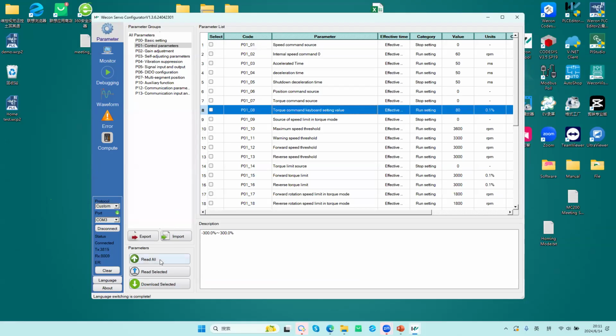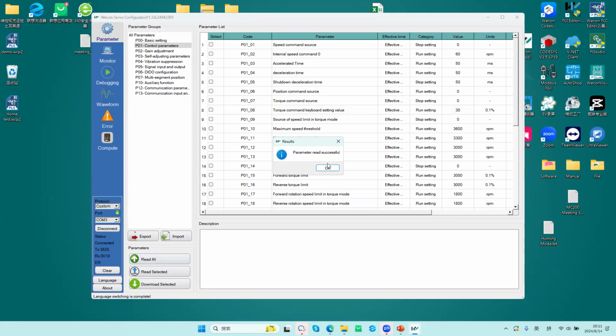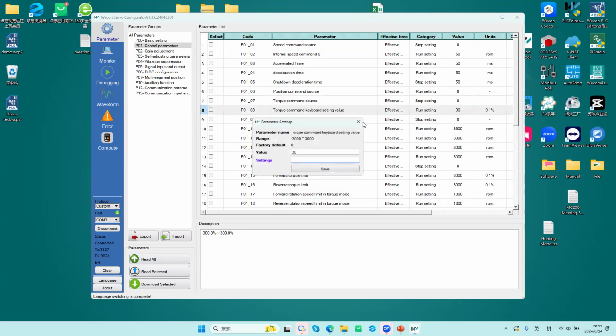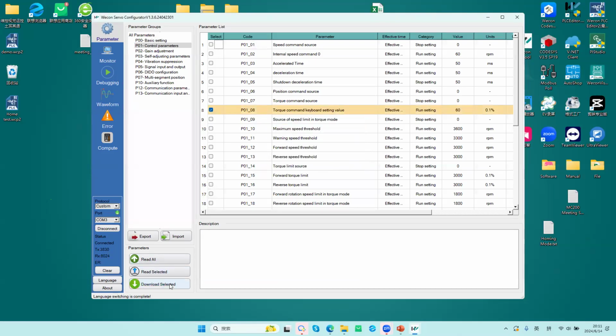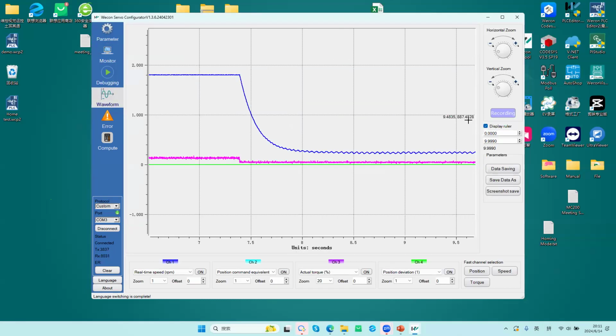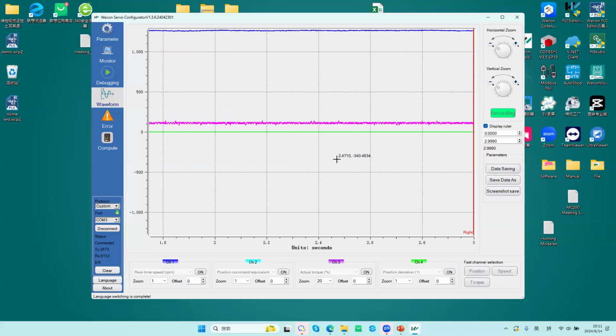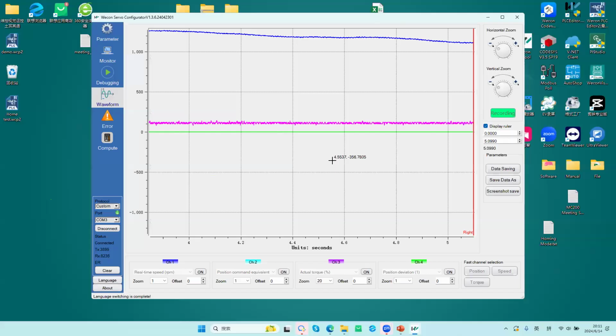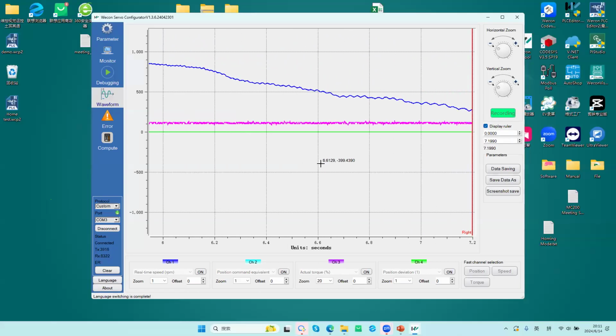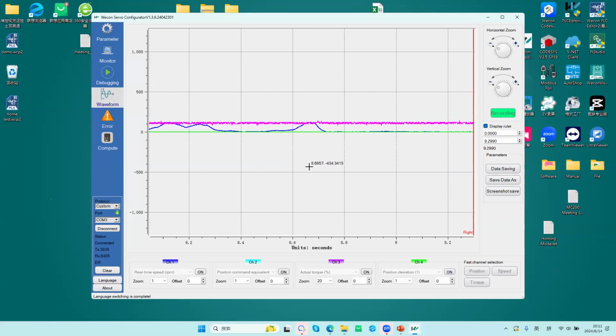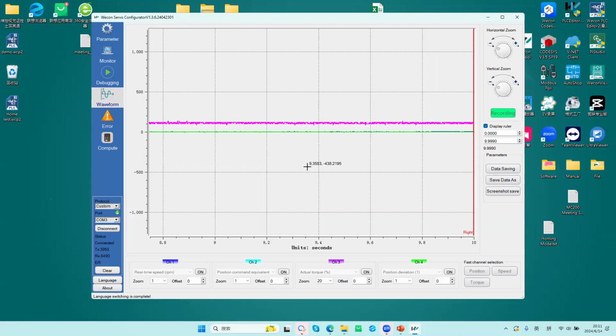And now I will set this torque as 6%. And here, change the curve. And now I use my hand to hold the motor axis.